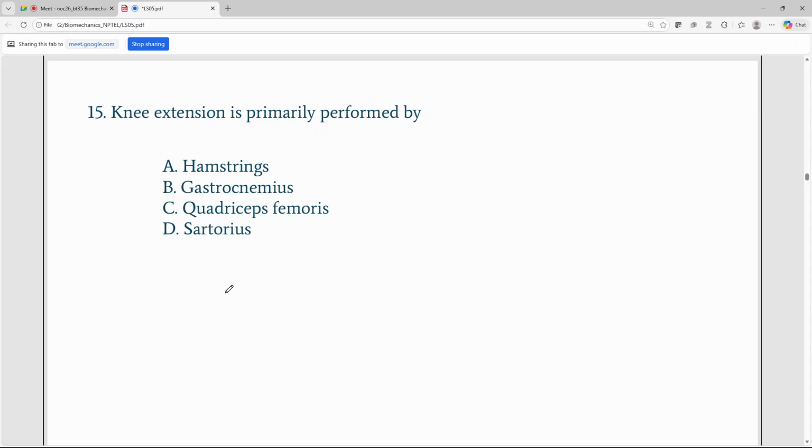Repeat the question. Knee extension is primarily performed by which of the following muscles? Options are hamstrings, gastrocnemius, quadriceps femoris, sartorius.